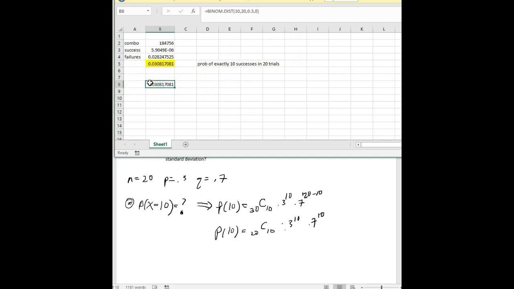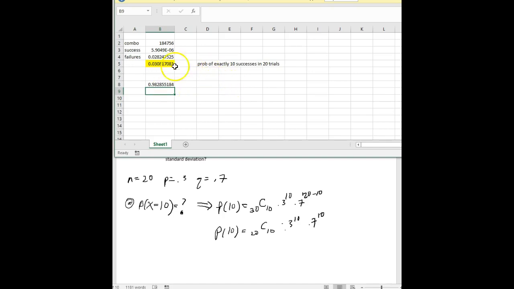The only thing we would do differently is when it asks for cumulative in our formula, we just say yes, it is cumulative, so we put in a 1. Now it changes it. What this is doing is adding up all of the probabilities before 10, and 10 as well. So we can do it that way.